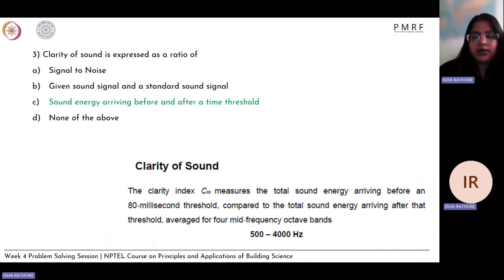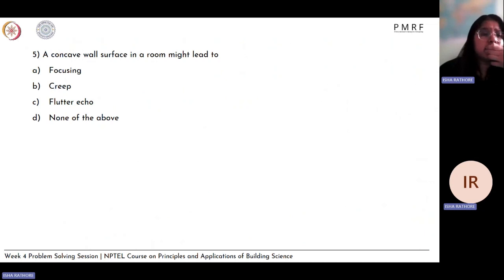Moving on to question 5. A concave wall surface in a room might lead to A, focusing, B, creep, C, flutter echo, or D, none of the above. Again, this concerns the sound effects which can occur during the design of surfaces.